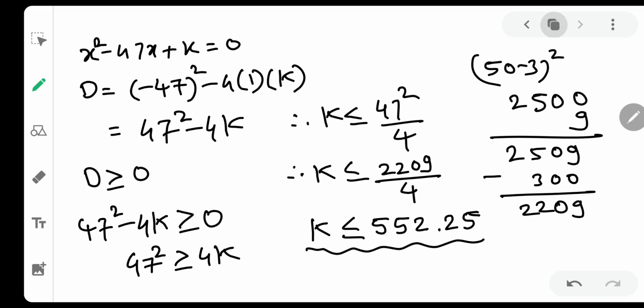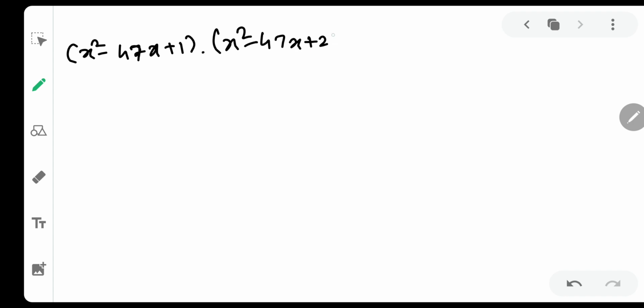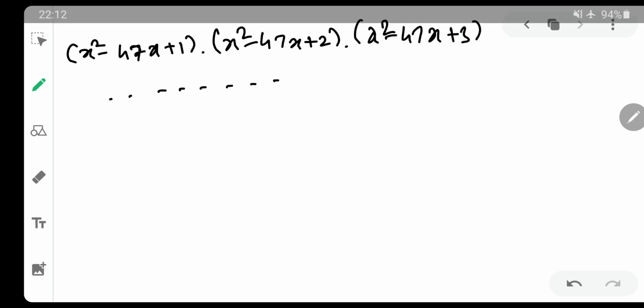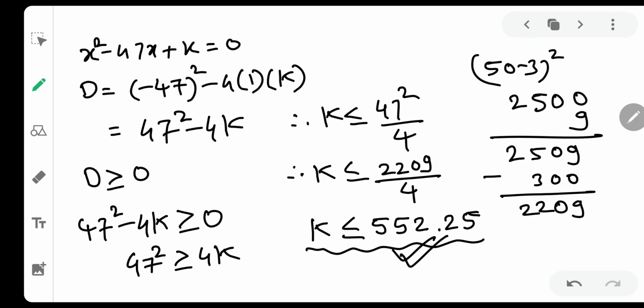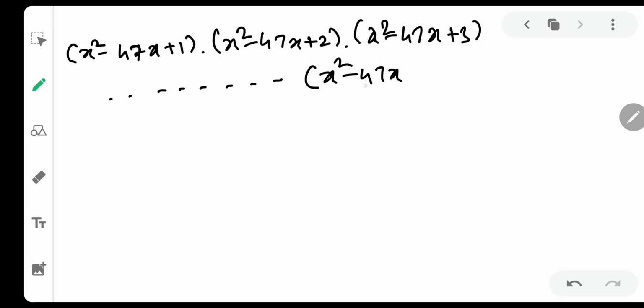I will write down all the real root equations. The first one will have real roots, the second one will have real roots, the third one will have real roots. Are you getting the point? And the last equation which will have real roots, with the condition k less than 552.25, is x square minus 47x plus 552.